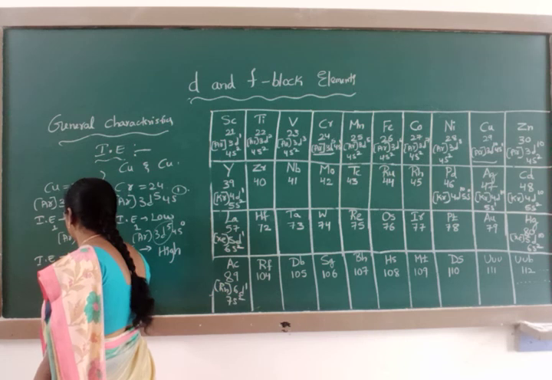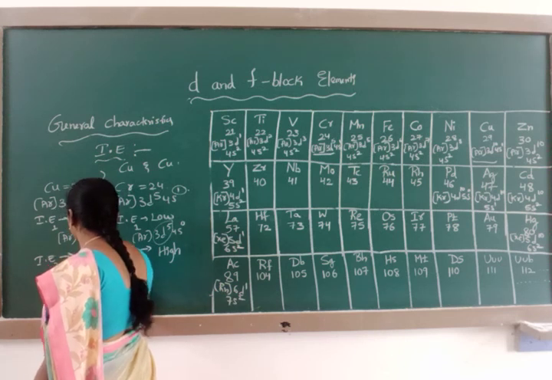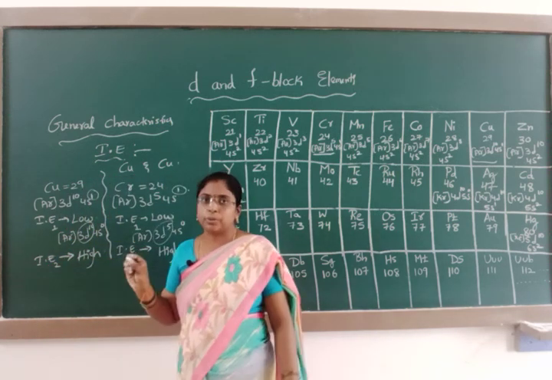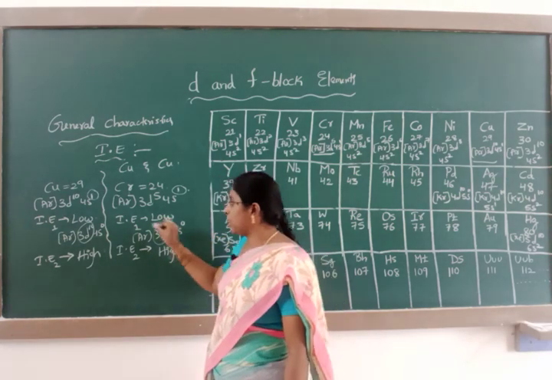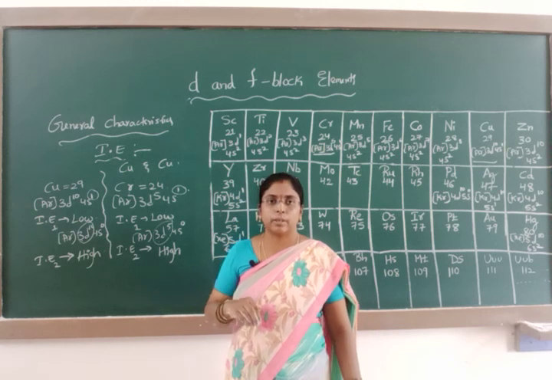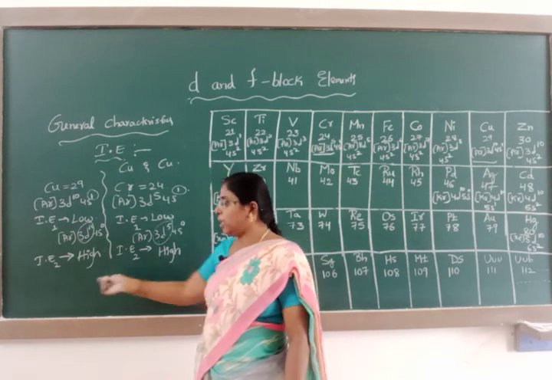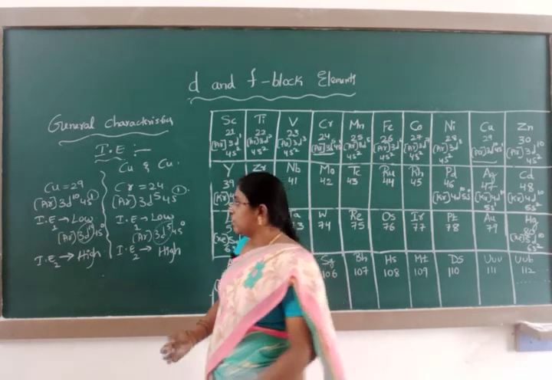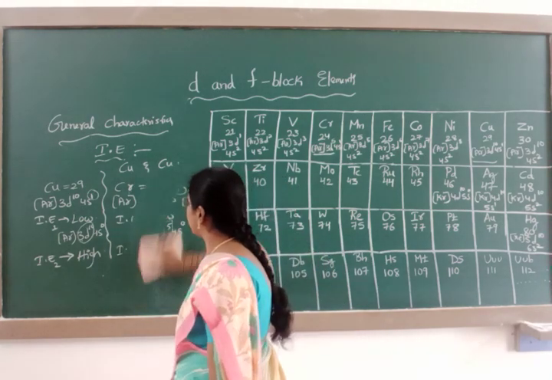To remove the electrons from the completely filled d as well as the half-filled, it is very difficult, hence the ionization enthalpy required is very high. This is about copper and chromium.